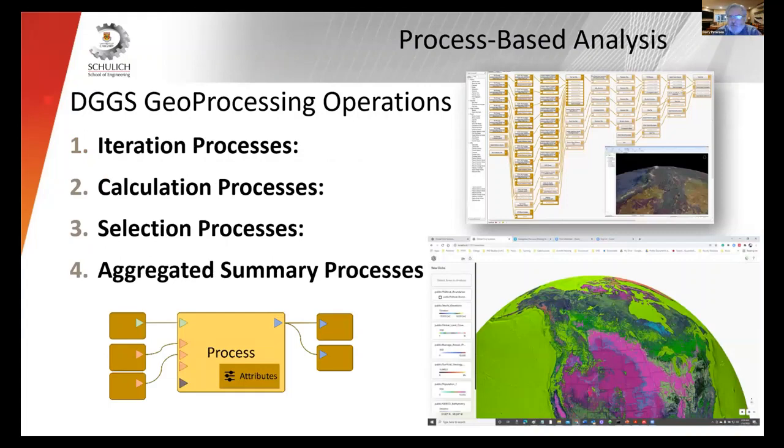So if we're talking about DGGS and process-based analysis, and I'm just restating some things that Erin and David brought up, we're going to do a traditional flow of information, a pipe and filter. We're going to access data sources of different kinds. We're going to quantize and sample them into the grid. And we're going to write inputs and outputs, little processes that do things for us, and we can string those all together.